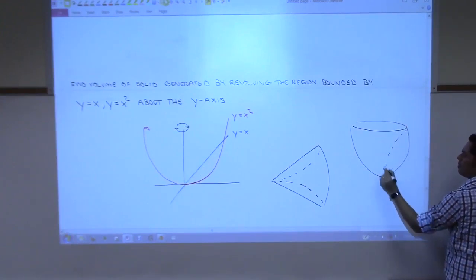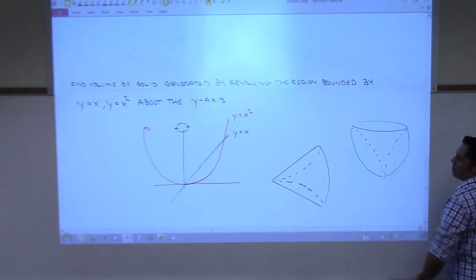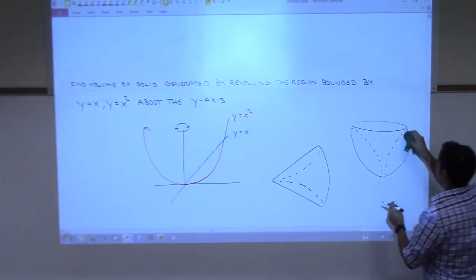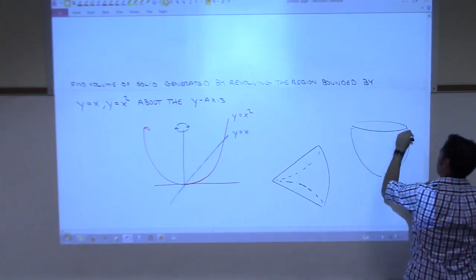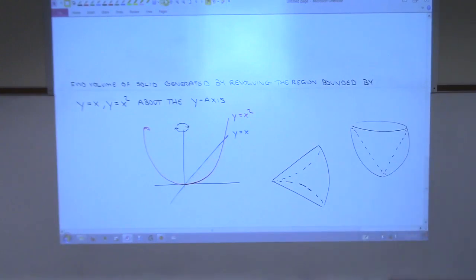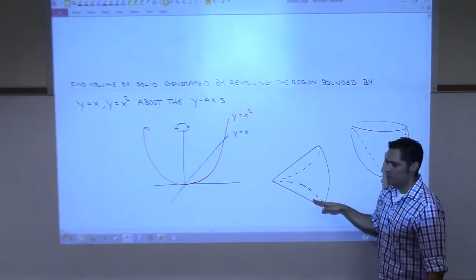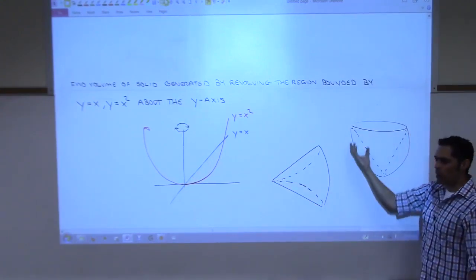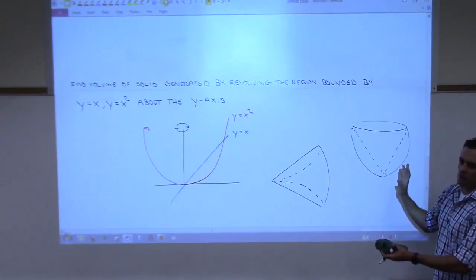If you could see through it, it'd be something, no, hold on, those are straight lines. It would be like this. Do y'all see that? Kind of? These are not the same objects. Look, these have straight edges. This is curved like a bowl. These are going to have completely different volumes.